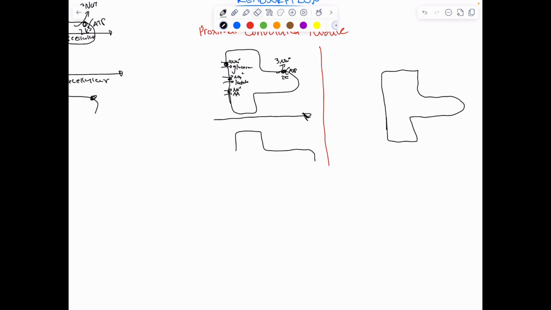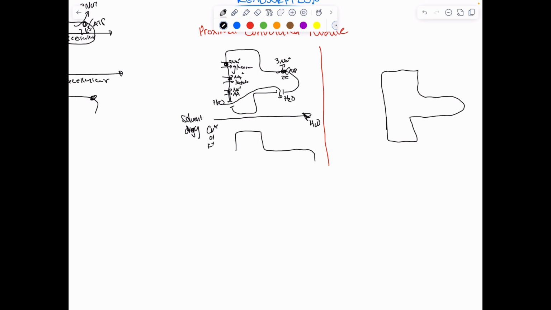And then right in here, for water, we're going to have these aquaporins that push water through. So we got water, and water's also coming through here, and this is what we call solvent drag. And so this water that's going through is going to drag calcium or potassium with it as well.